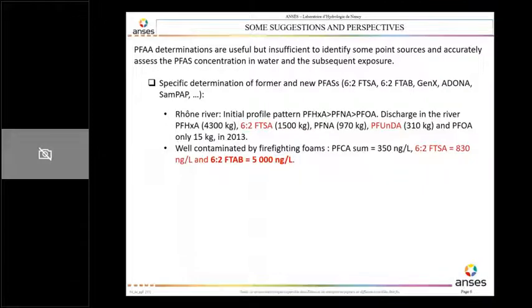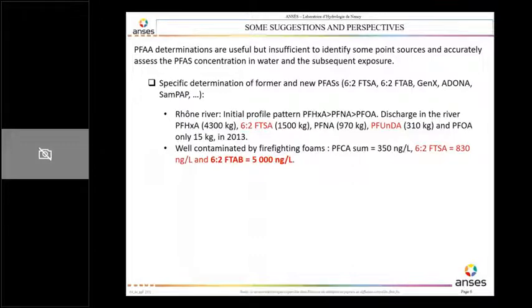In the Rhone River, the profile pattern, which helped to identify the industrial site, was PFHxA, PFNA, PFOA. But after many investigations, it turned out that significant amounts of 2 other PFAS were also discharged into the river, 6:2 FTSA and PFUnDA.